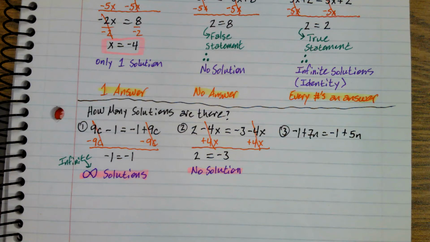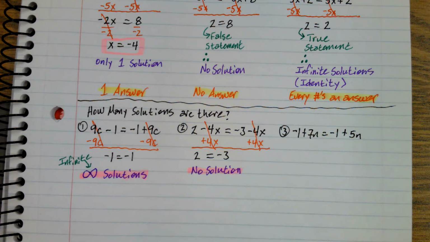So go ahead and write that down. -1 plus 7n equals -1 plus 5n. How many solutions? This one's a little different, right?